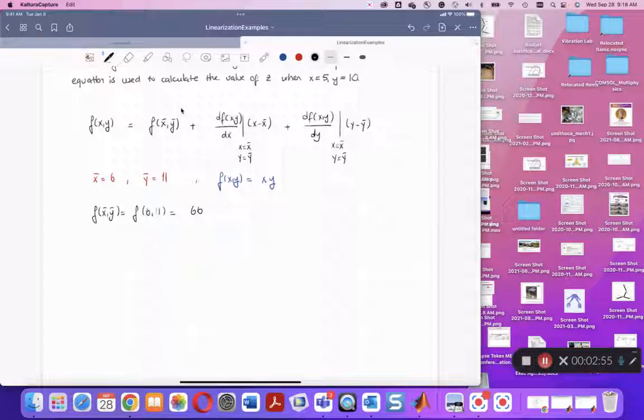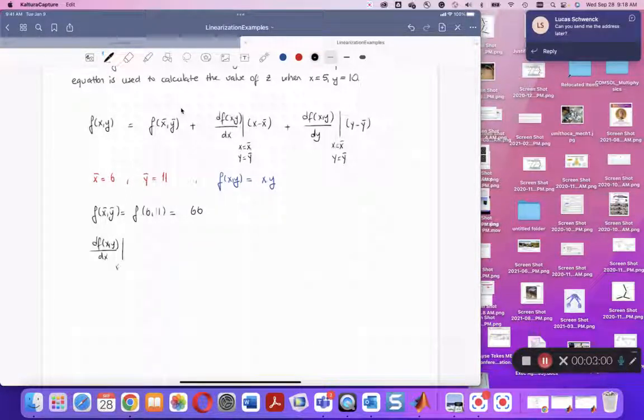Then continue with the derivative. The function's derivative with respect to x when x is equal to 6 and y is equal to 11: the derivative of x times y with respect to x should just give you y, and with y equal to 11, it is just 11.